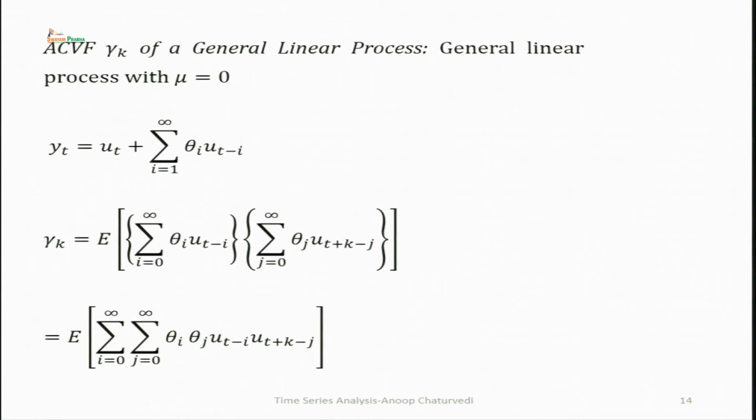Now, we obtain the autocovariance function gamma k of a general linear process. Now, a general linear process with mu equal to 0 is y t equal to u t plus summation i equal to 1 to infinity theta i u t minus i. Then gamma k is equal to, of course, the process has mean 0 because mu is equal to 0.